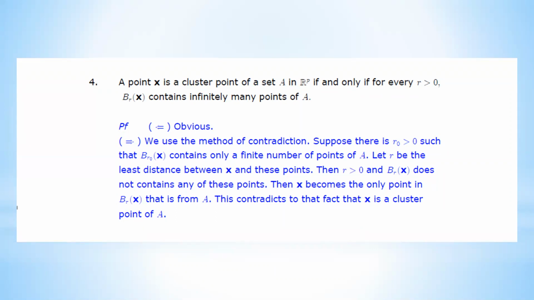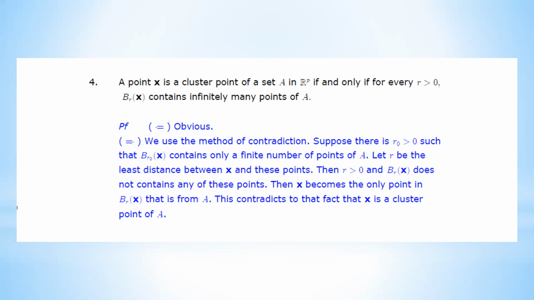So this is a big difference. Now, the original definition only requires an additional point from A, but the theorem says that this is equivalent to every ball carrying infinitely many points of A. There's a big difference, right? But actually, we can prove it. Now, one direction is easy.